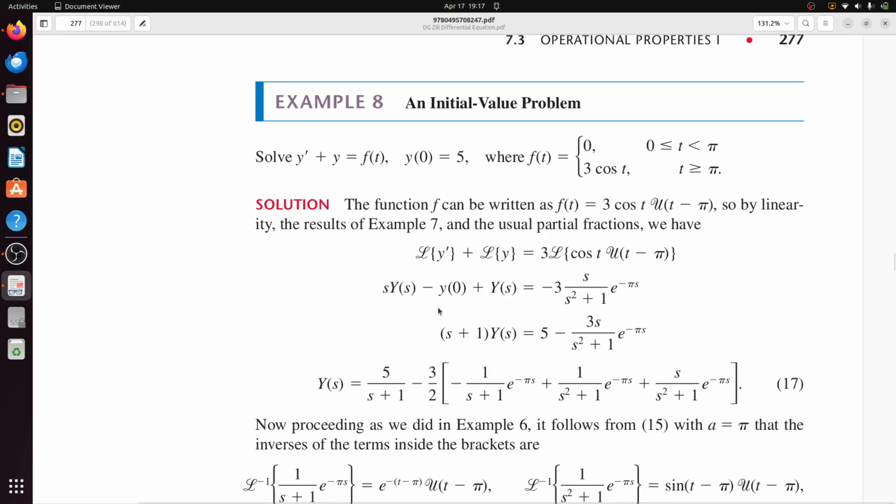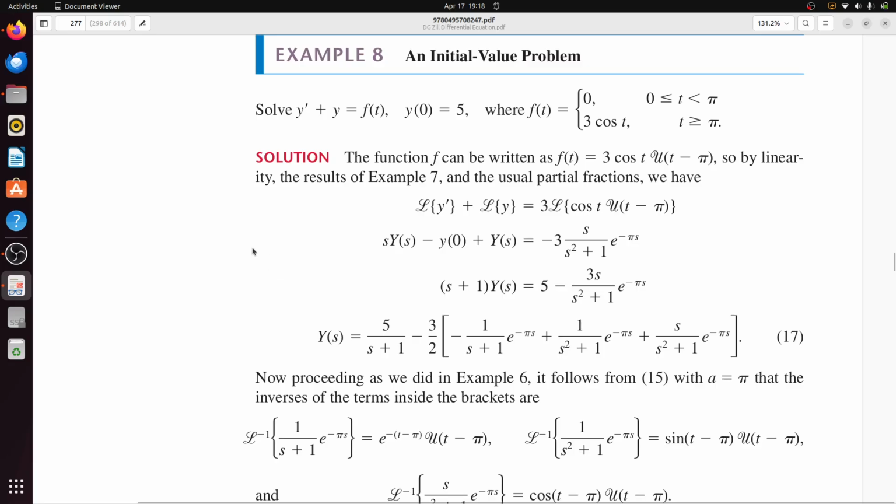So this becomes the Laplace transformation of y, equal to 5 by s plus 1 minus 3 by 2 into 1 by s plus 1 e to the power minus pi s plus 1 by s square plus 1 e to the power minus pi s, and plus s by s square plus 1 e to the power minus pi s. And you know that e to the power minus pi s does the shift. Here you have already determined the inverse Laplace transformation. From the first you will get only 5 into e to the power minus t.